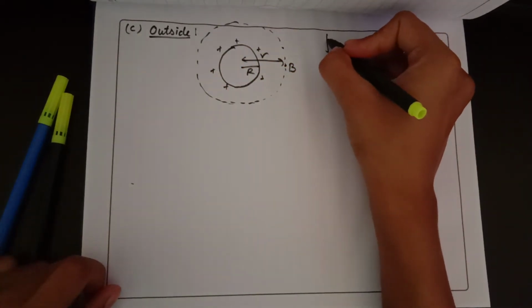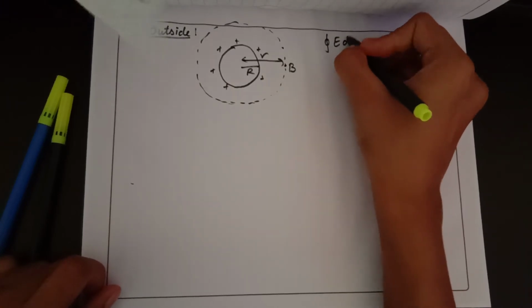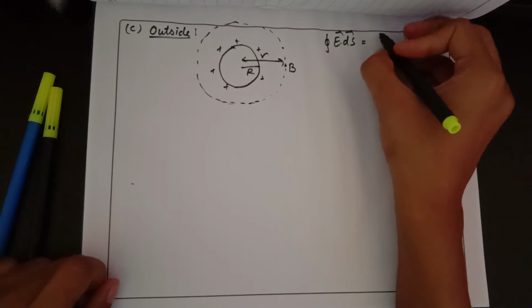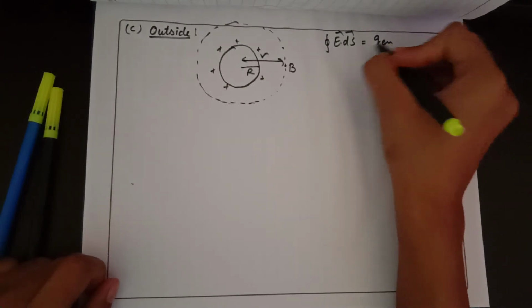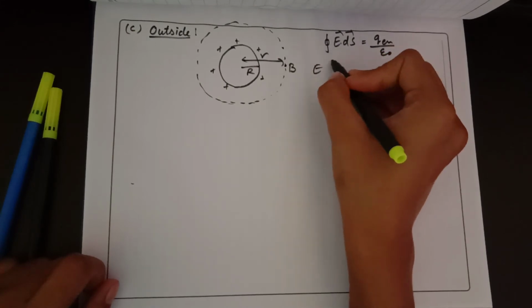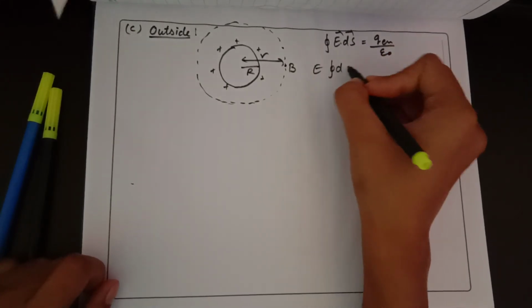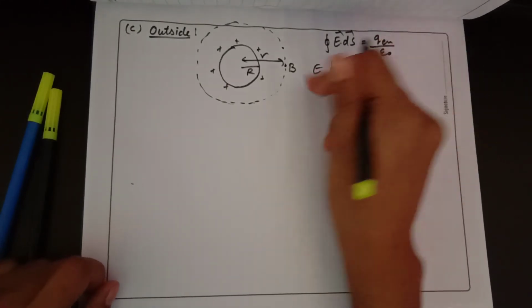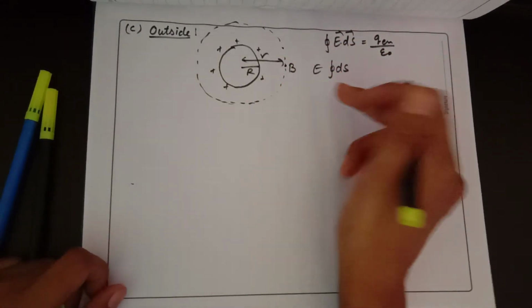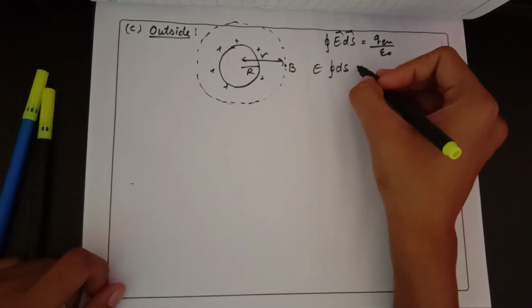Again, on applying Gauss's theorem, E dot ds is equal to Q enclosed divided by epsilon naught. Here E comes out and it is left with ds. As you know, the angle between E and ds is again 0.